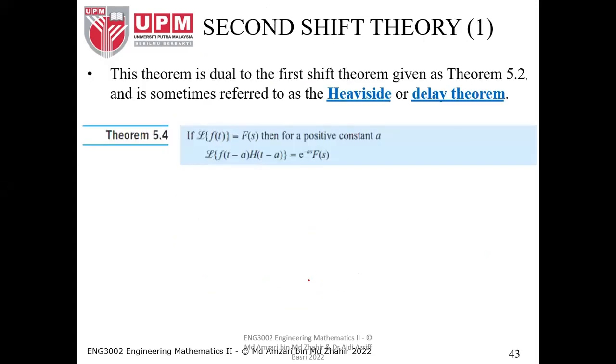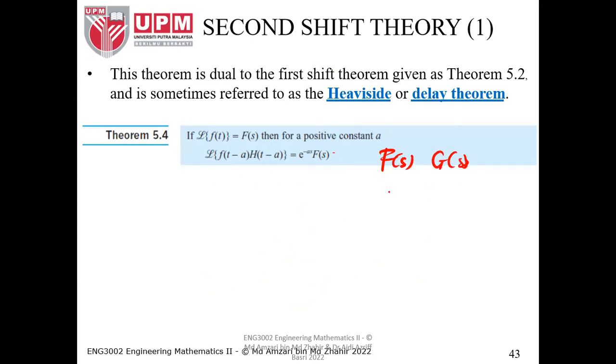Okay, we move to the next, the second shift theory. This theorem is dual to the first shift theorem, and is sometimes referred to as the Heaviside or delay theorem. Same concept, but we use this instead of the first shift. First shift, normally we use the big F(s), G(s), something like that.